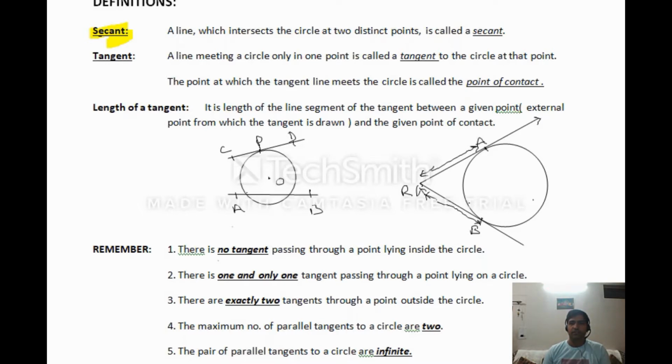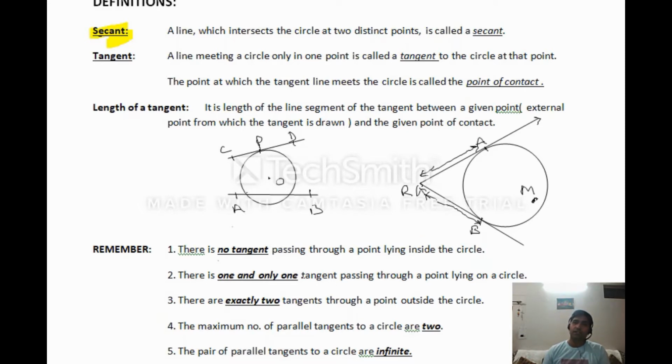Let's say the point is M. Can we draw a tangent from point M? You try your best, but you can't do this. So there is no tangent passing through a point which lies inside the circle. This is my first.